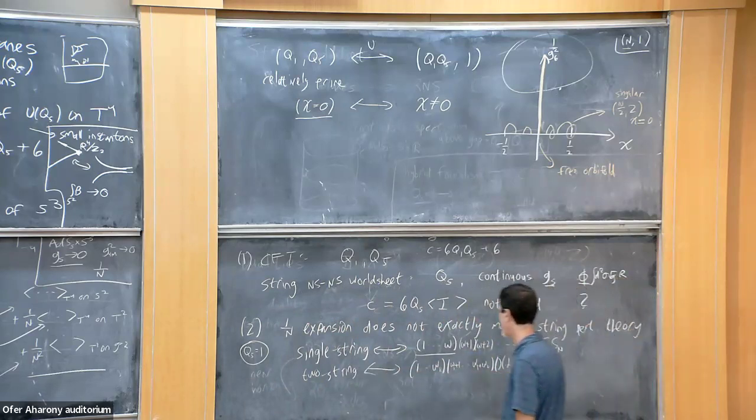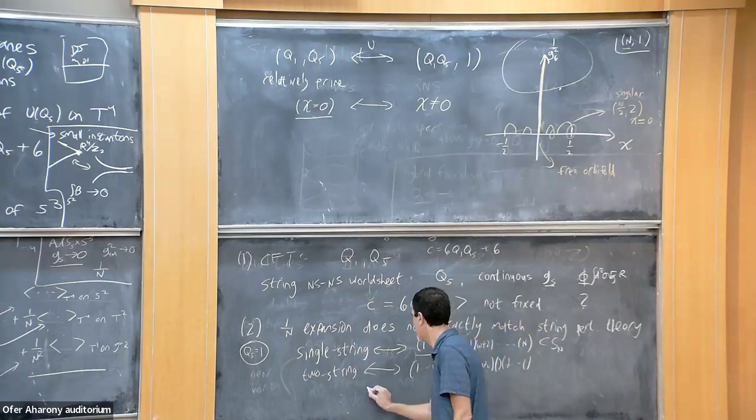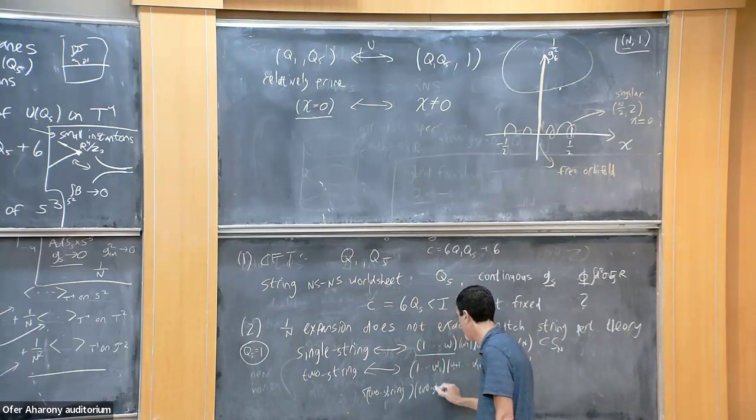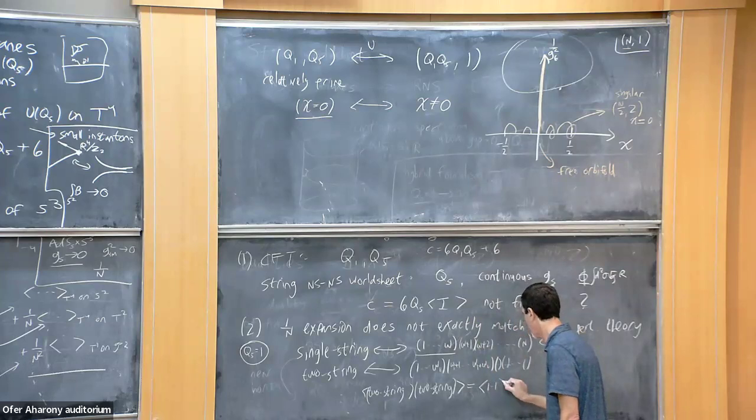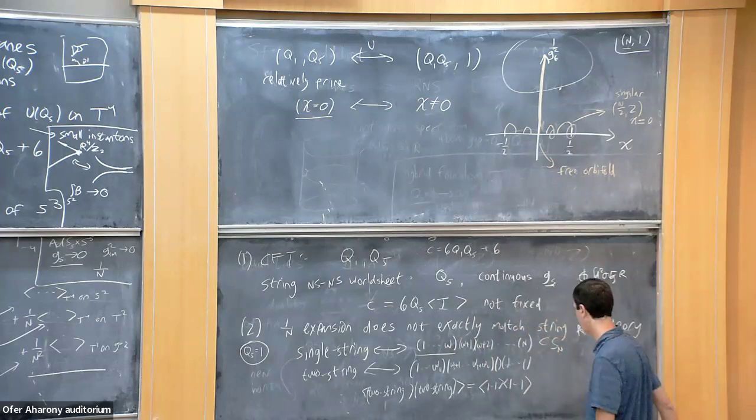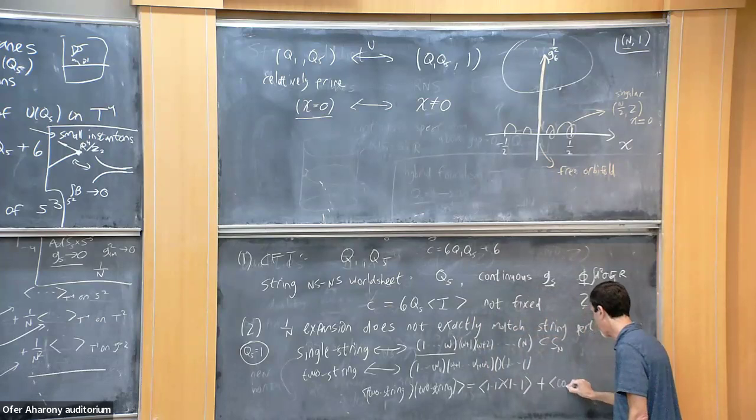And then, for instance, you could ask what would be the two-point function of a two-string state. Suppose we look at just a two-point function of a two-string state with itself, with the same two strings on both sides. So that starts from some disconnected piece, which would be the product of two correlation functions of one string, and then there are corrections from connected diagrams.